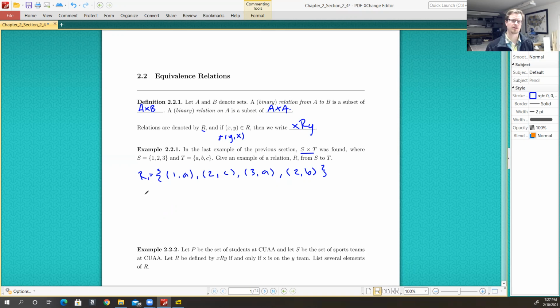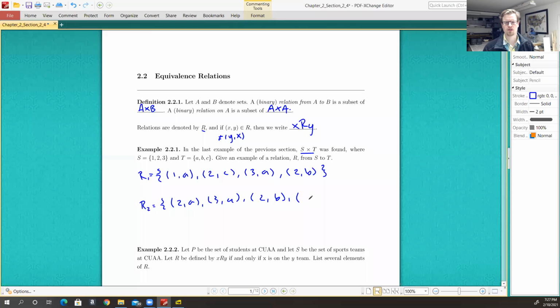So let's call that one R1. Let's say R2, some other relation. So let's go to 1A, 3A, 2B, and 3B.